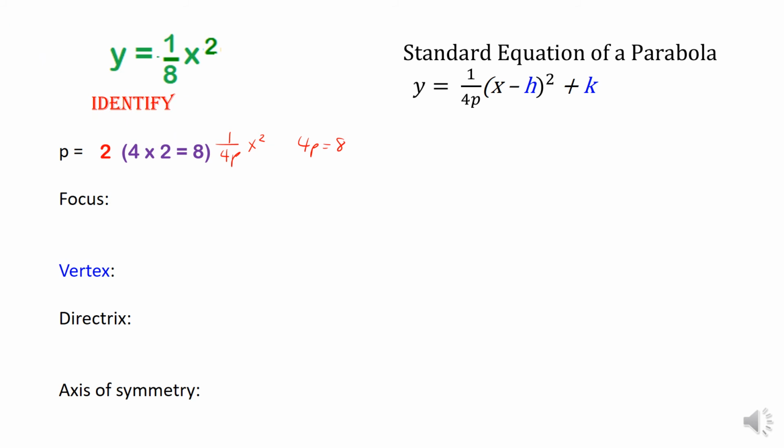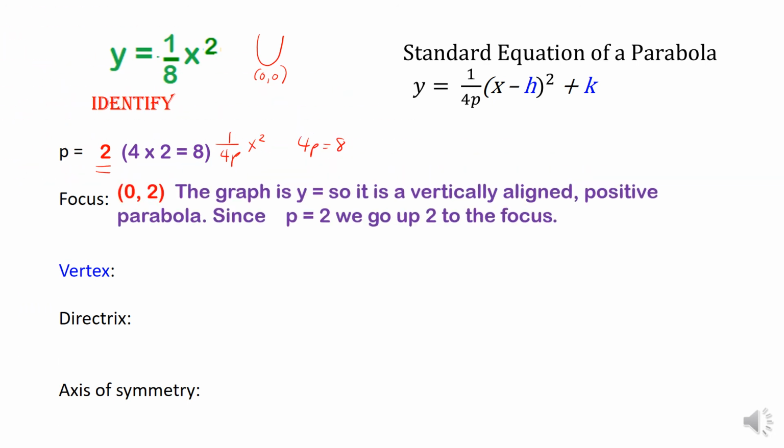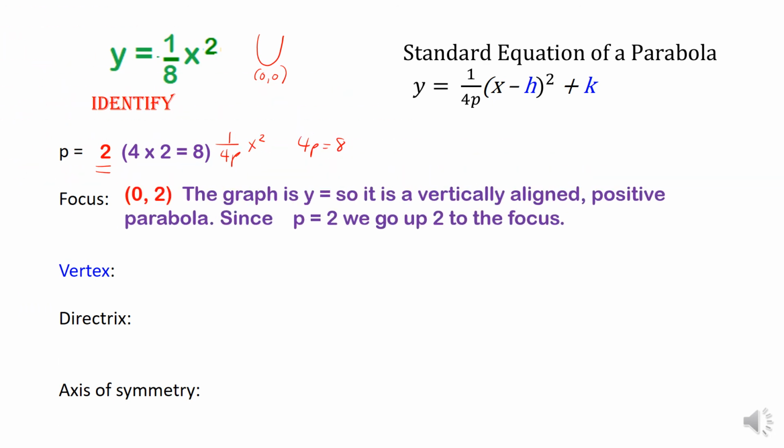What is my focus? Okay, this is a positive graph. And since there's nothing added to it, there's no b or c in the quadratic, I know that my vertex is 0, 0. So that means my focus is up 2 from the vertex. So it is 0, 2. The graph is y equals, so it's a vertically aligned, positive parabola.